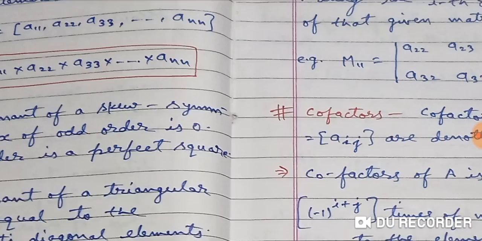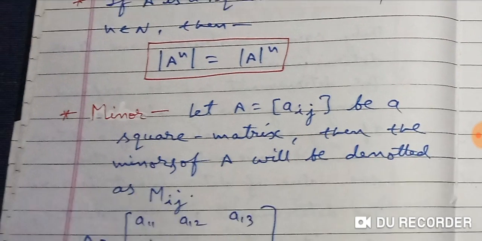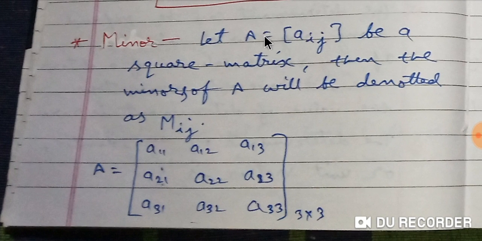Here we have a square matrix, and we have to find the minor of the element a11. Since Aij has i as the row and j as the column, in this case i is 1 and j is 1.